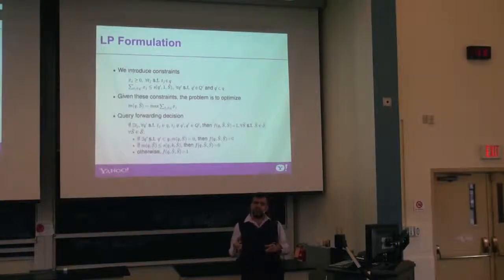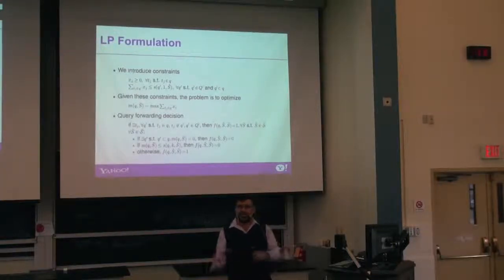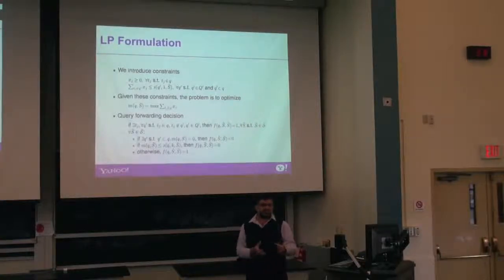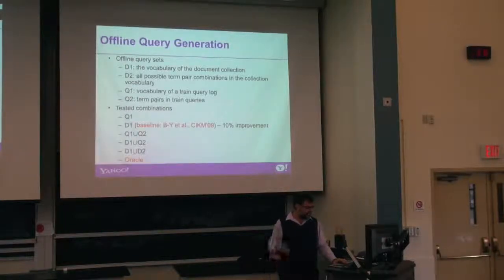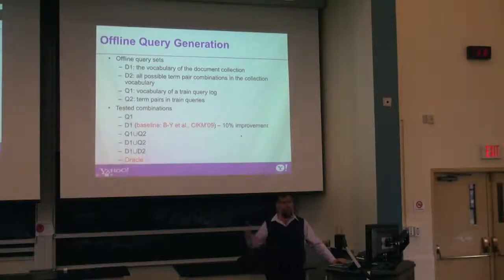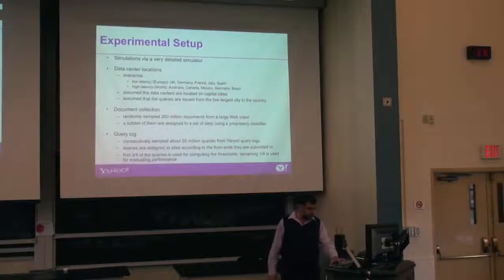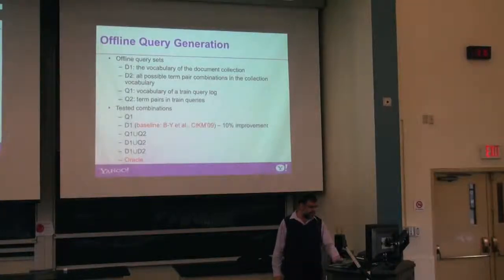But of course, I thought that in practice it was much better to use a machine learning-based prediction, but we didn't know. For example, the first paper had a 10% improvement over the basic architecture, so that already was, as I mentioned, cheaper and equivalent to the centralized search engine.